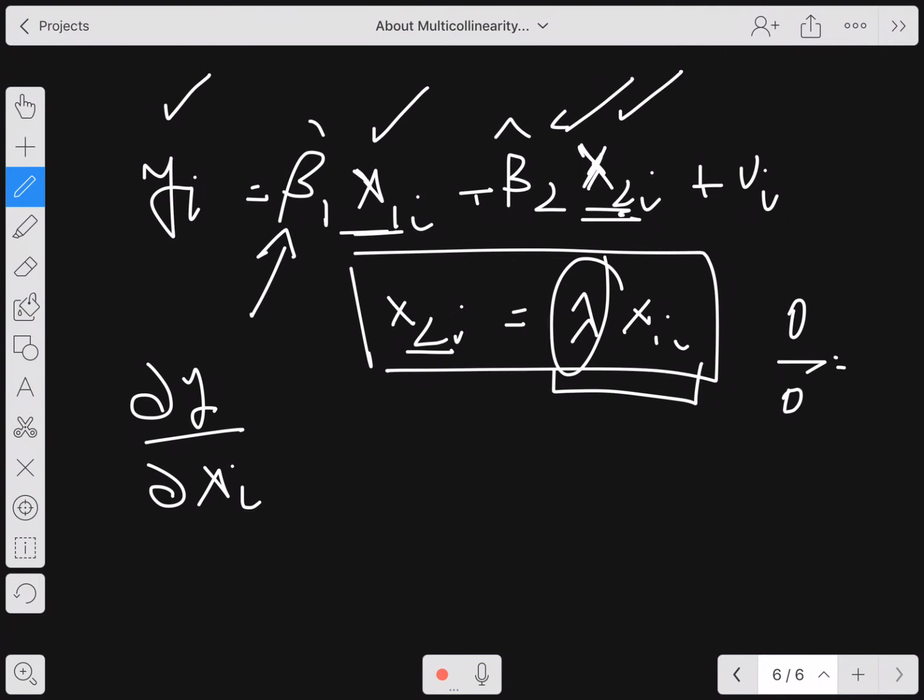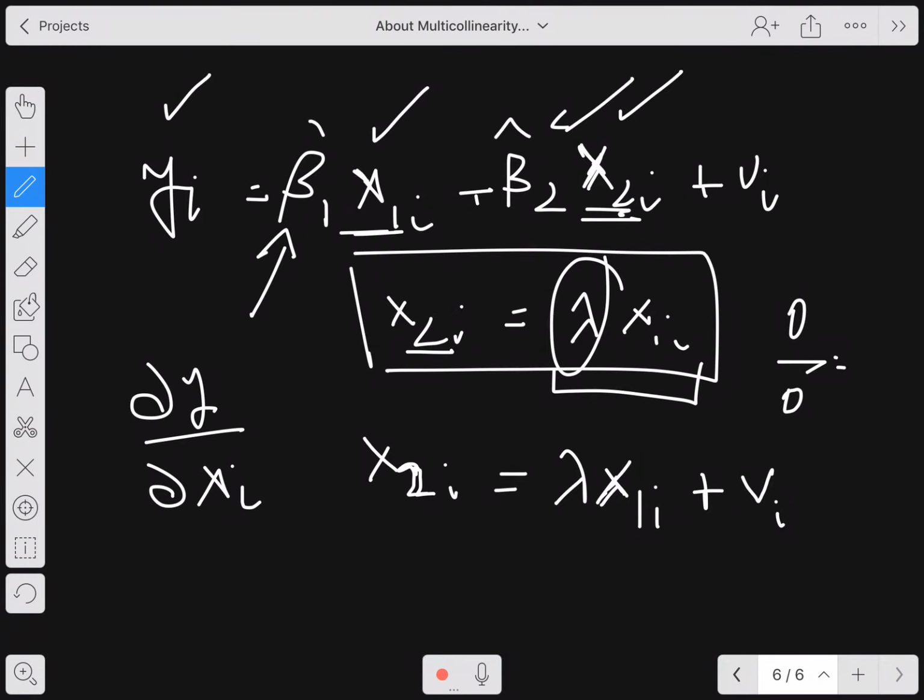Let me show you another example, a case in which x2i is not perfectly collinear with x1i. You can write it this way. What if x2i is equal to lambda x1i plus a certain disturbance variable, let's say vi?